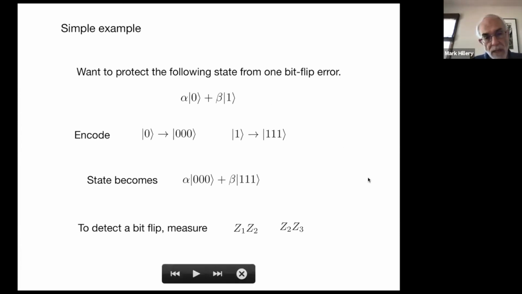The nice thing here is that this state, both 0, 0, 0 and 1, 1, 1, and in fact the whole superposition, is an eigenstate of these two operators. Z1 means I'm going to measure sigma z on the first qubit, Z2 on the second qubit, and Z3 on the third qubit. So I'm going to measure Z1 Z2 and Z2 Z3 on the state, and the fact that this state is an eigenstate of these operators means that I'm not going to change the state in doing so.